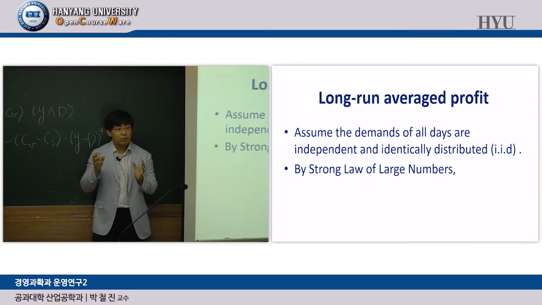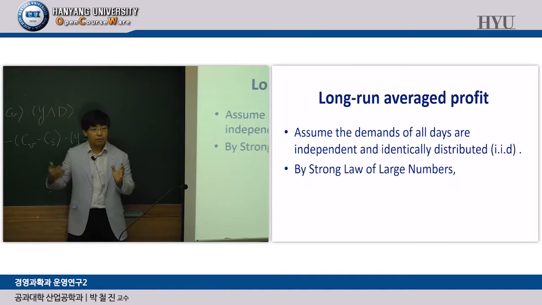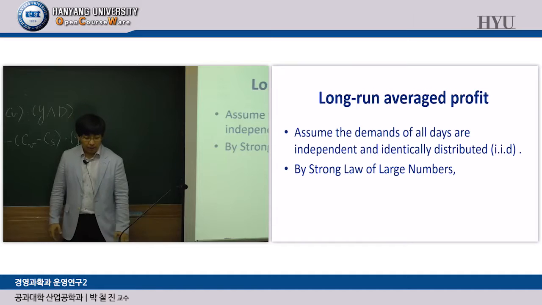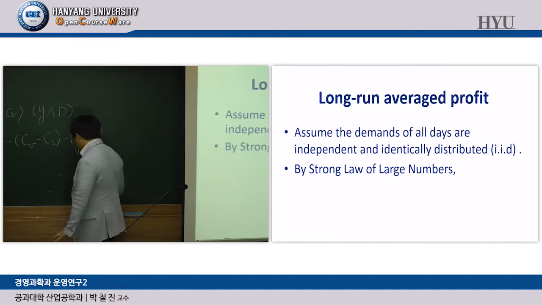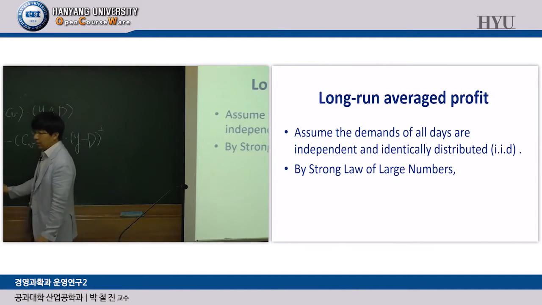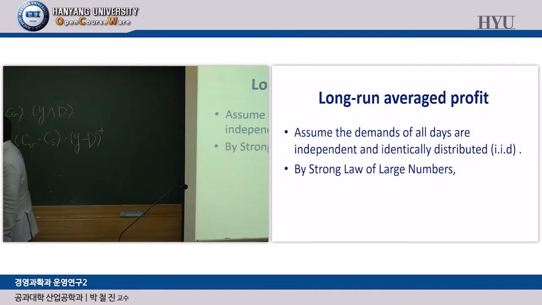As long as we select y and then operate the system continuously, on and on, this profit function is a kind of random variable, and the random property of the profit function does not change as time goes on. We are interested in expected profit in this problem.